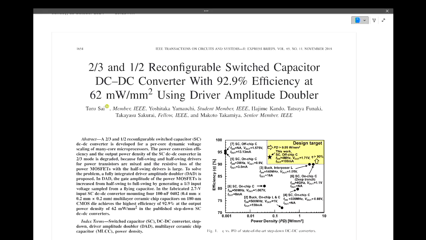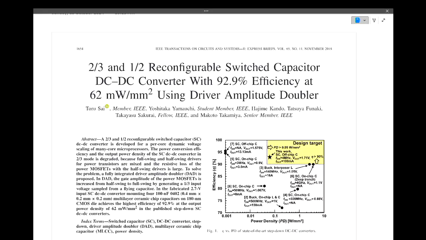Go ahead. So, hey everyone, I will introduce a new topic: a 2/3 and a half reconfigurable switched capacitor DC-DC converter, which shows a high energy efficiency in dynamic voltage scaling.